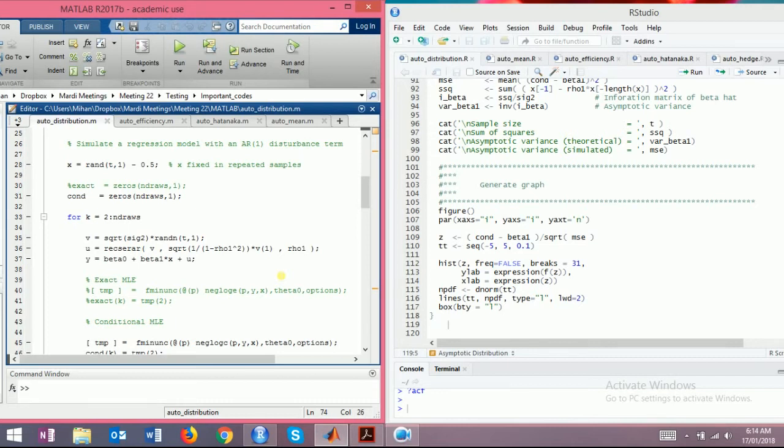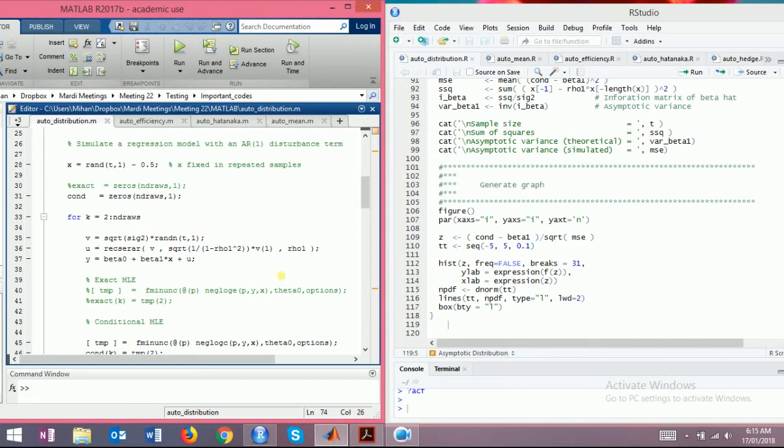And then we have y0, which is kind of fixed, because y0 is 1 divided by the square root of 1 minus rho square, multiplied with v1, or basically y0 is simply, or this is x0, I guess, v_t divided by 1 minus rho square.